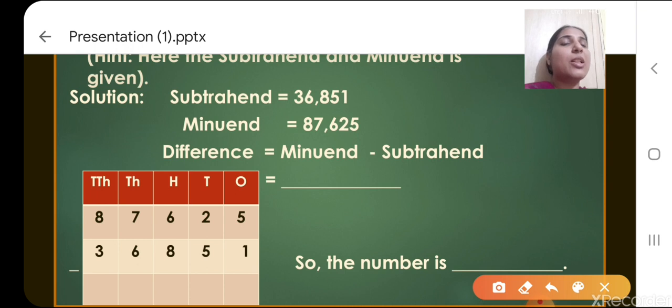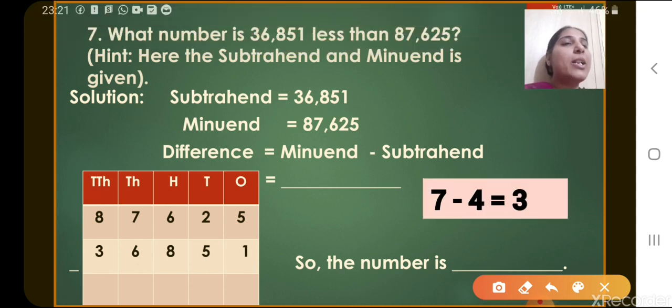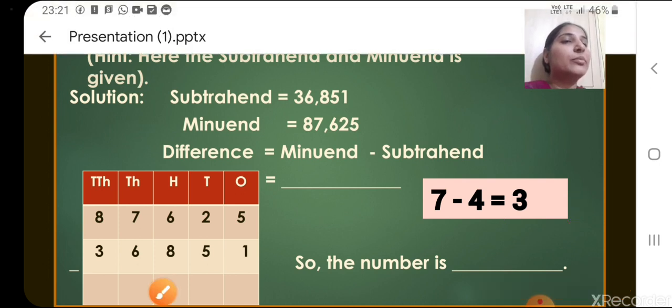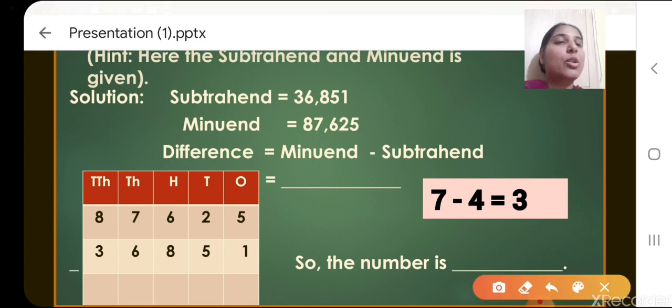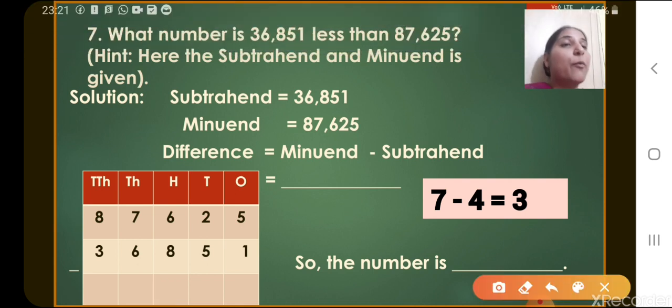Suppose I ask, what number is 4 less than 7? So the number which will be 4 less than 7, what will be that number? Number 3.